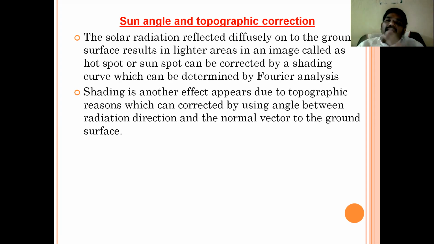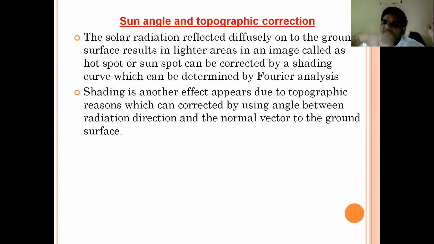Now here shading is another effect that appears. In the previous case, it is a spot, a hot spot, sunspot, the light patches. Here, sometimes the shading will be there on the images because of the topographic effects.